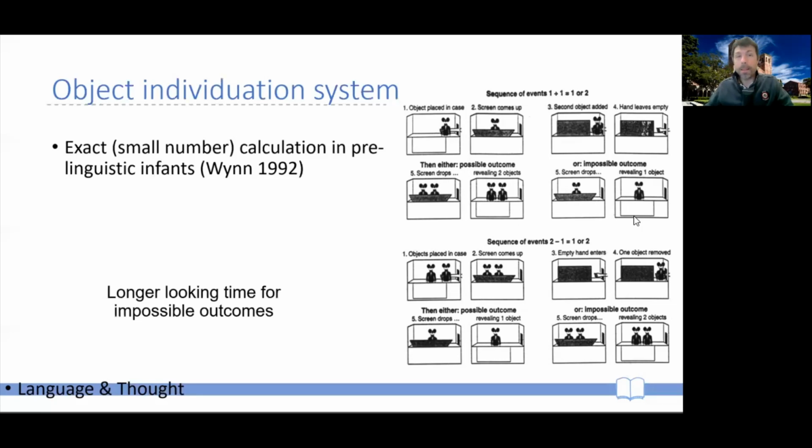Typically this is interpreted as the child looking longer at the impossible outcome because that is not what they were expecting. This does show that children can both identify very small numbers, so 1, 2, 3, before they acquire language, and they can also do exact small number calculation way before they acquire language.